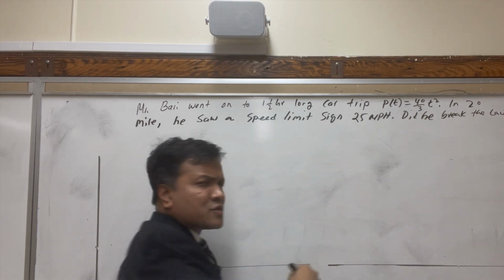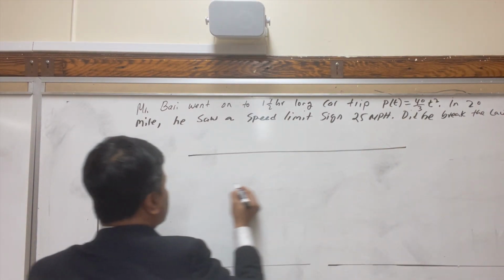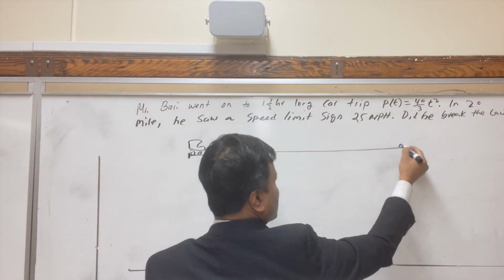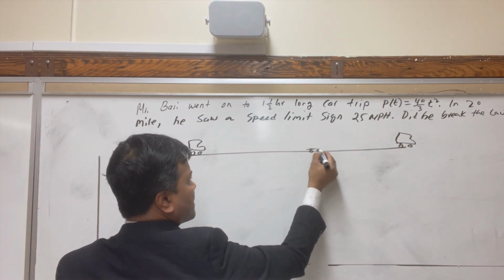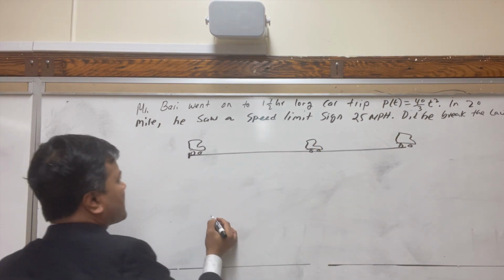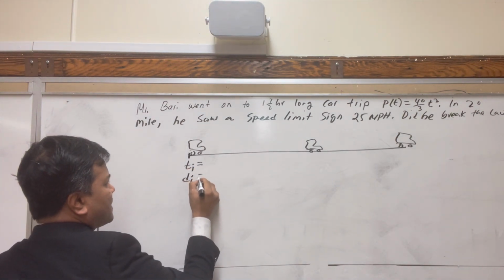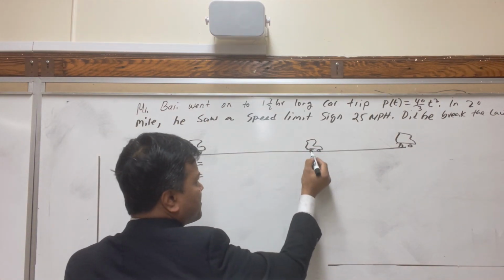All right. So the first thing, we're going to draw a diagram. This is, of course, the initial. This is the final. This is at 20 miles of the trip. So T initial, D initial, V initial. This is 20 miles of the trip.